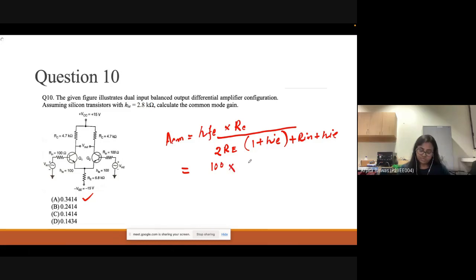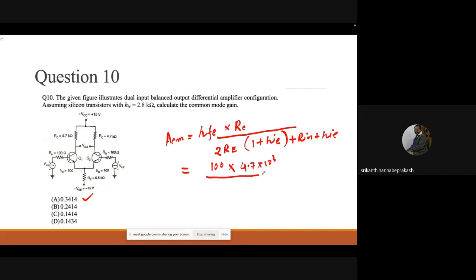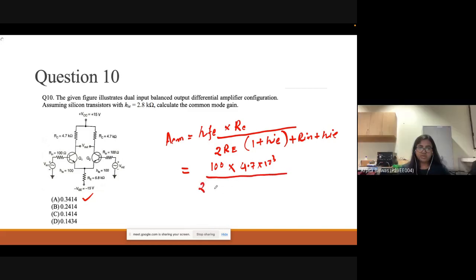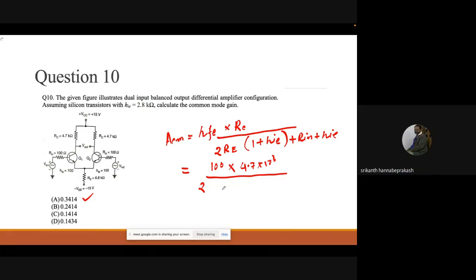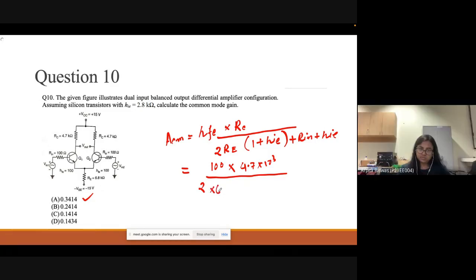Then what is the value of RC? 4.7 into 10 to the power 3. Twice of RE. What is the value of RE? 6.8K, 6.8 into 10 to the power 3.